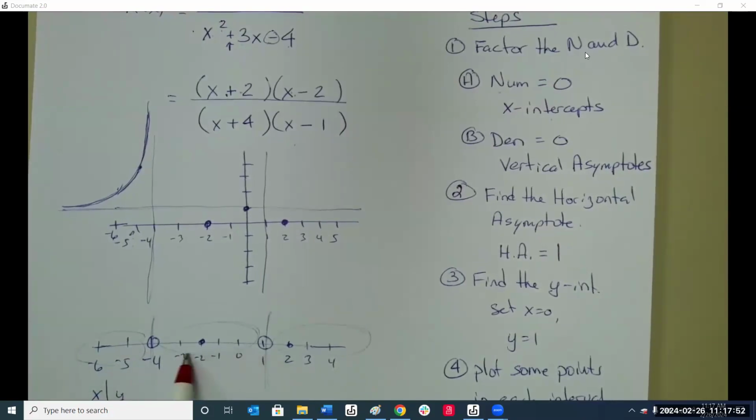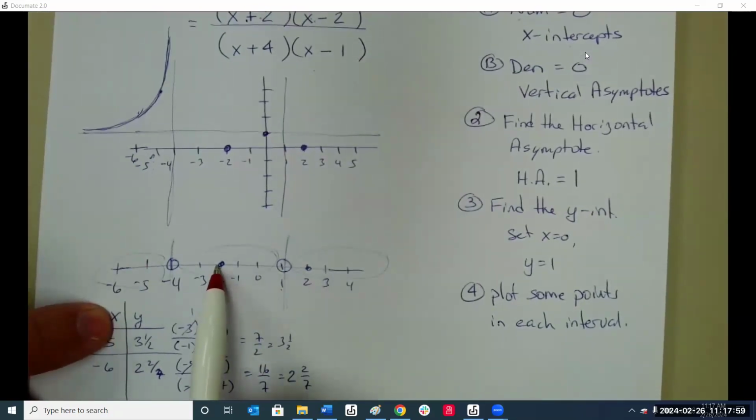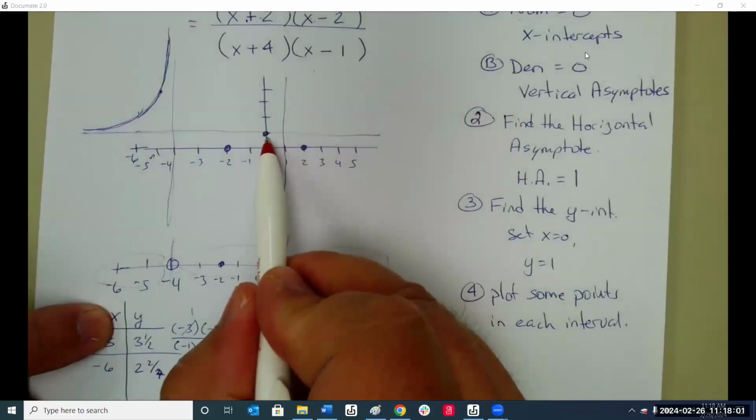Now in this middle one, we can't use -4 or 1 because those are our vertical asymptotes. We know at -2 it's 0. We know at 0 it's 1.